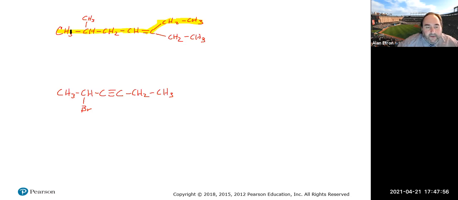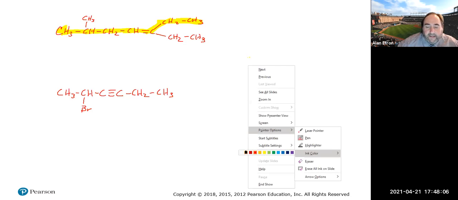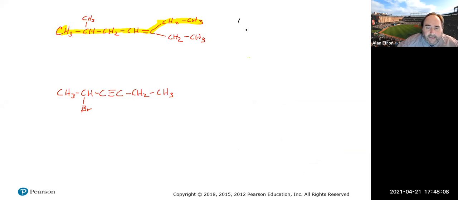So that is going to be the basis of our name here. I believe I counted 7 there. 7 is based off of heptane, because we have a double bond happening there, heptane becomes heptene.